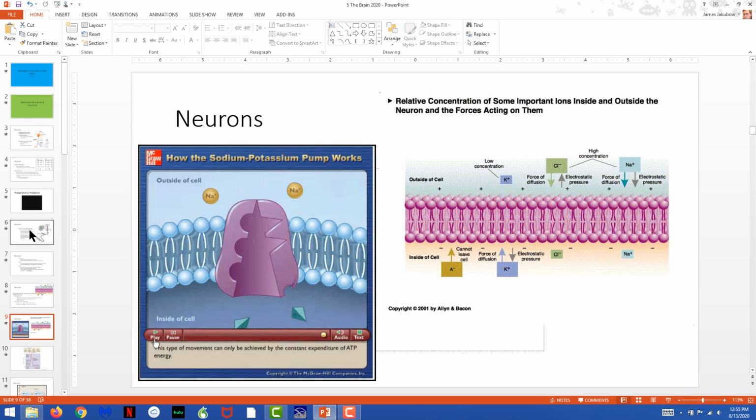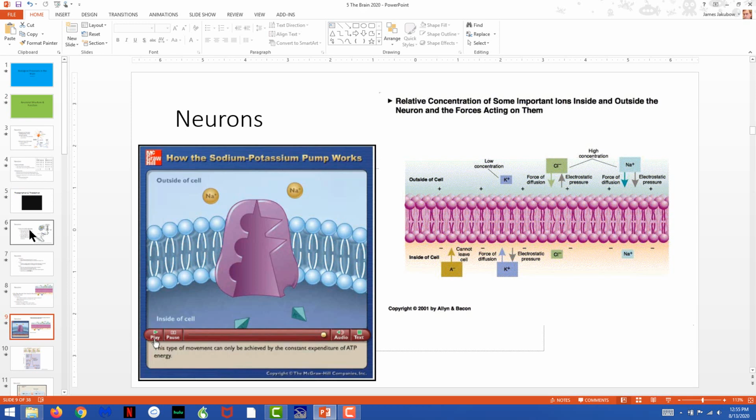Now, the cell has to reset its proper voltage before it can fire again. And that last portion of the sequence, where the cell fixes itself so that it can have the proper voltage to fire a second time, is what we're actually going to see in this video here on the left hand side.